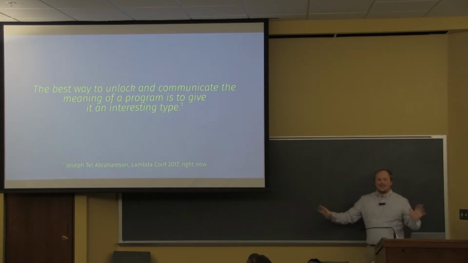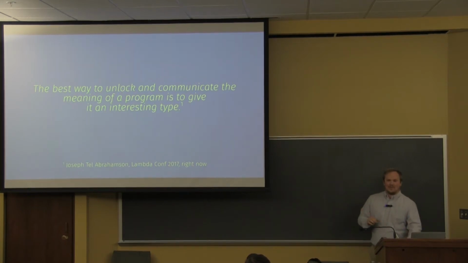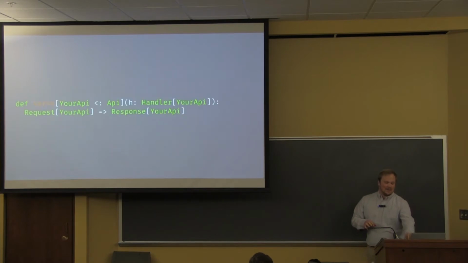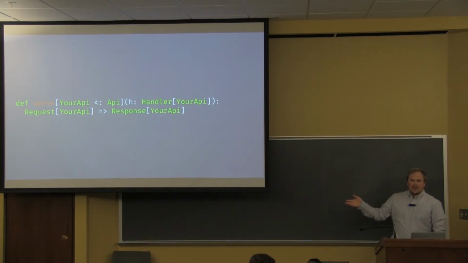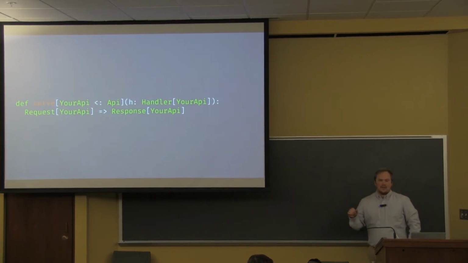And so with that aside, I want to talk about some relatively interesting and perhaps bizarre types, like this one. To jump to the end of this whole story, you can write a function called serve, which is parameterized over your entire description of your API. It will convert requests that match on that API to responses on that API.